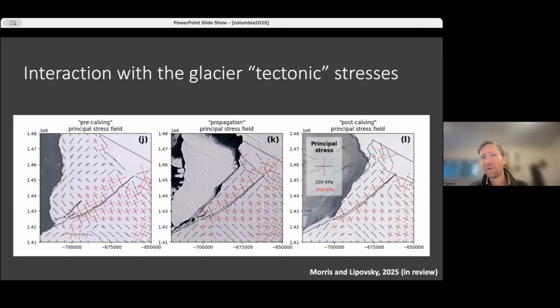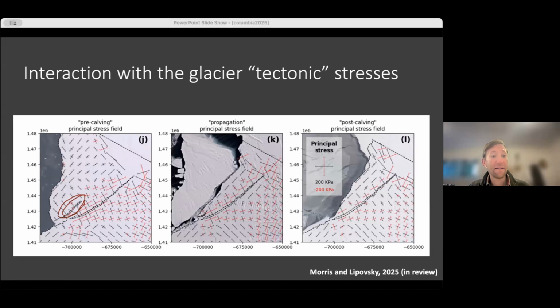And it turns out that looking at the tectonic stresses really elucidates what's going on. Before calving, we see that North Rift, which is just this little stub, I don't know if you can see my mouse there, but this little thing right here is the North Rift. And you can see that it's really nicely aligned. It's set up to propagate at about 45 degrees to the principal axes. So it's a shear fracture.